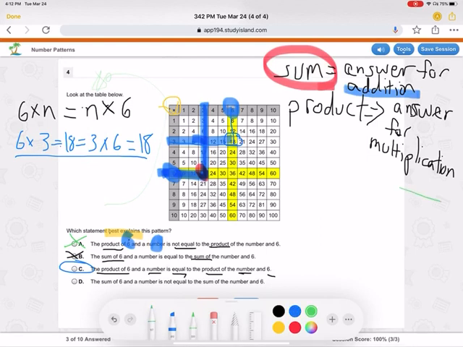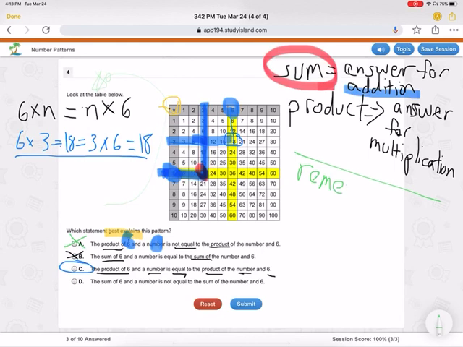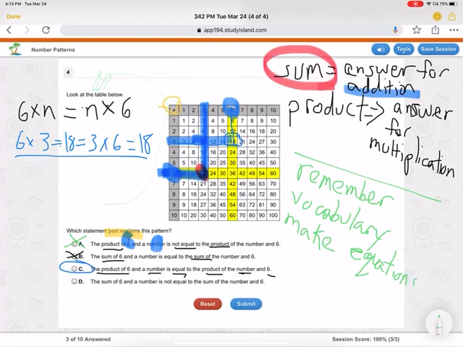To do this one, remember vocabulary. And also make equations. That's all this really is. And of course, solve them.